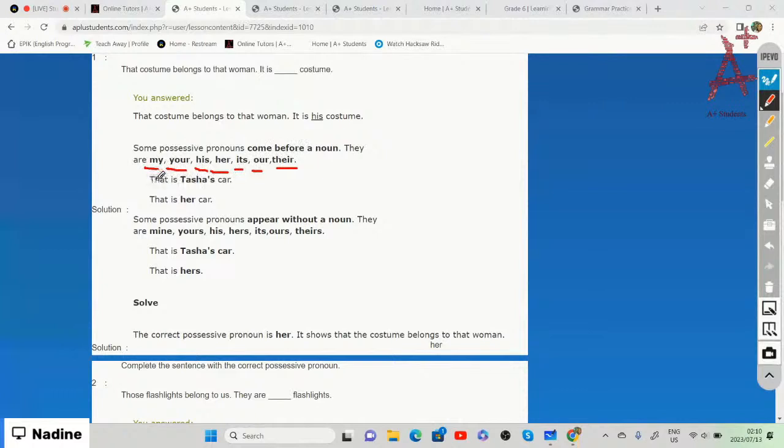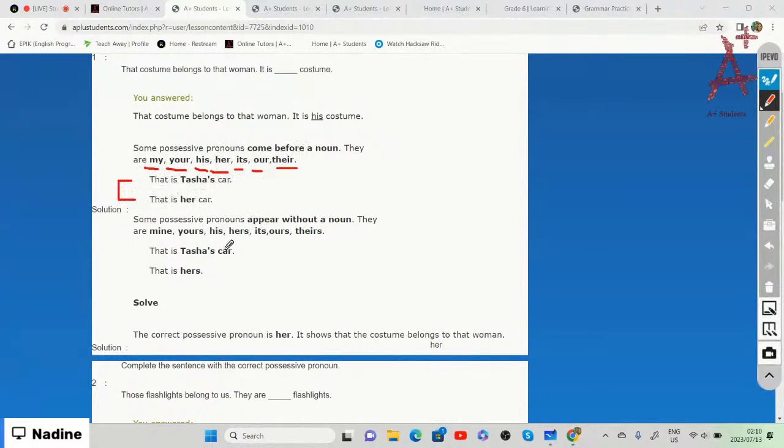If we look at the examples over here, that is Tasha's car. Tasha is the name of a person. If we want to indicate ownership, who does the car belong to? It belongs to Tasha, which means we can say that is her car instead of making mention of her name.